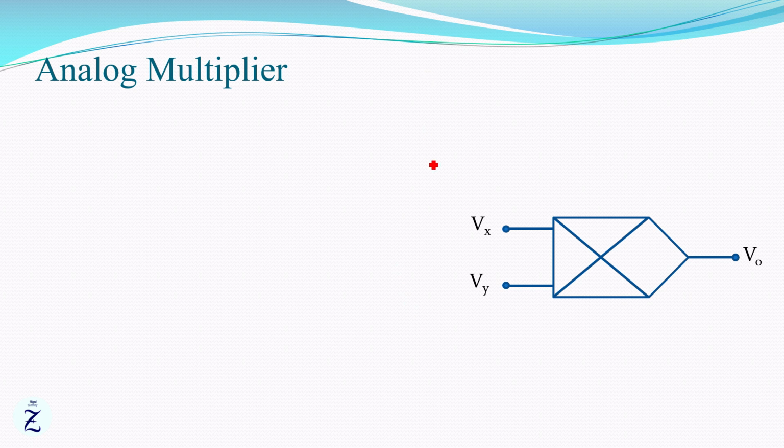Analog multipliers can be implemented both as discrete circuits or as a single integrated circuit.